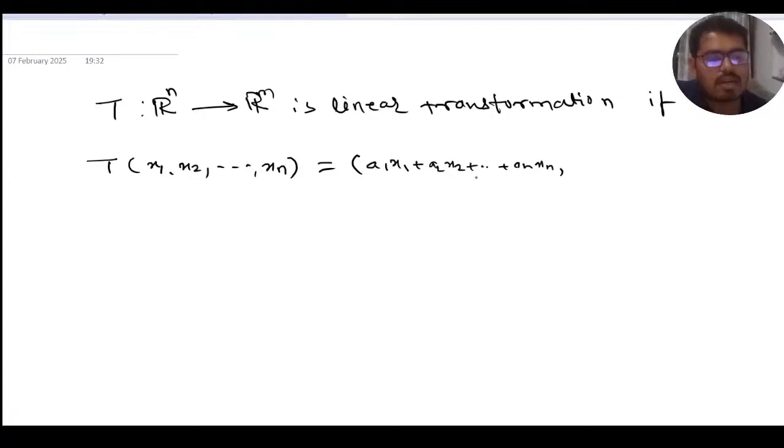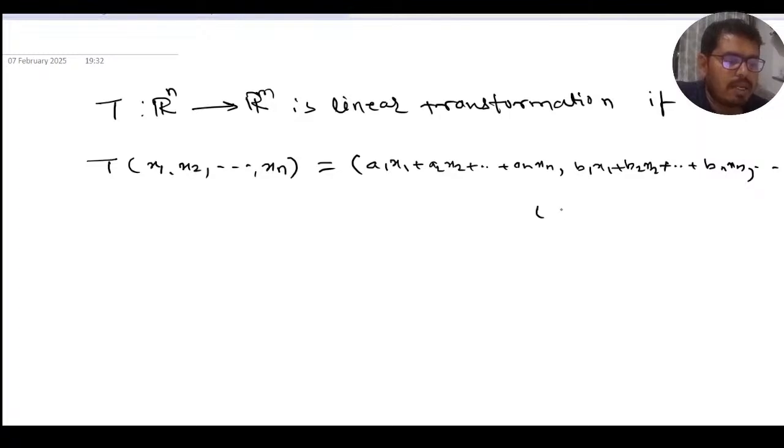Then the second tuple is b1 x1 plus b2 x2 and so on up to bn xn. And so on, up to the mth tuple. Therefore the last tuple is defined as the mth coordinate.